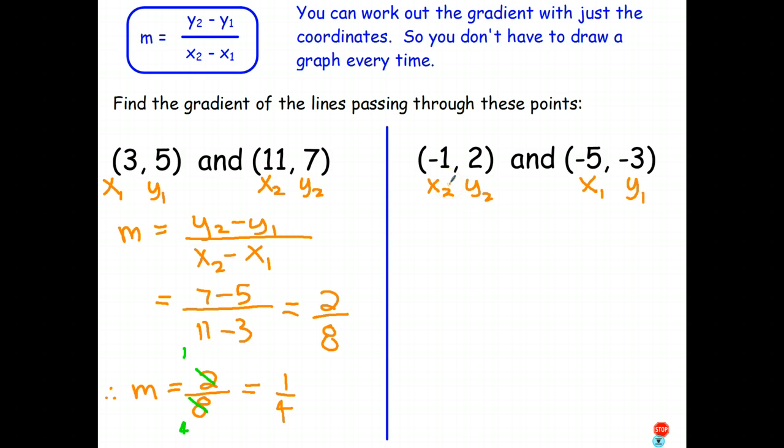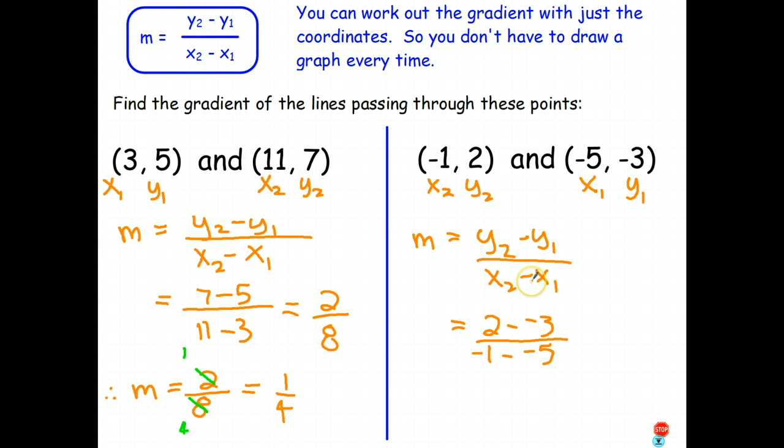Then it's just a matter of substituting. Always write your formula. Even if you've written it 1,000 times before, write it one more time. That's how we do mathematics. We write the formula, we substitute. So y2 take y1: 2 subtract -3, over x2 take x1: -1 subtract -5.